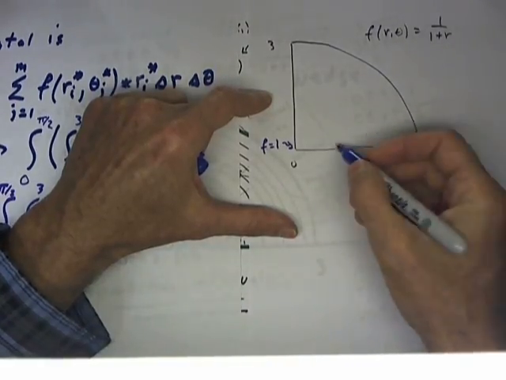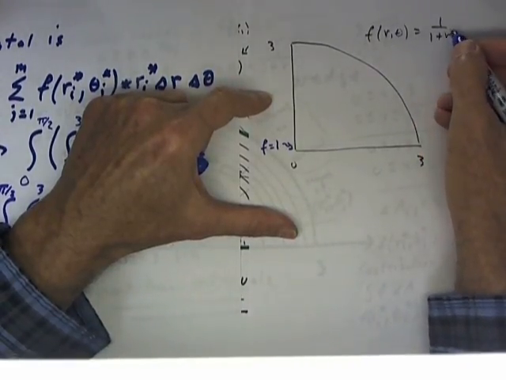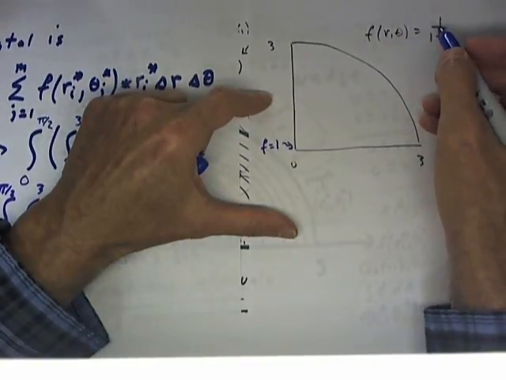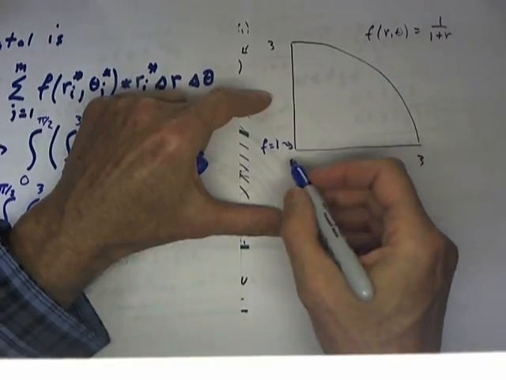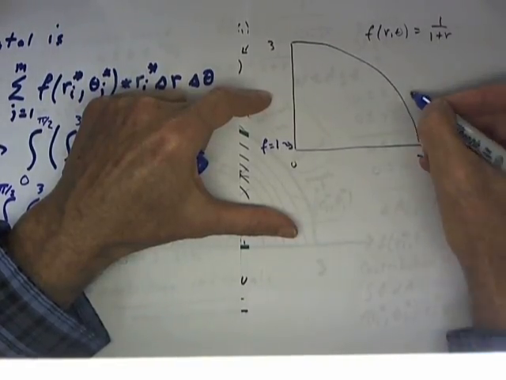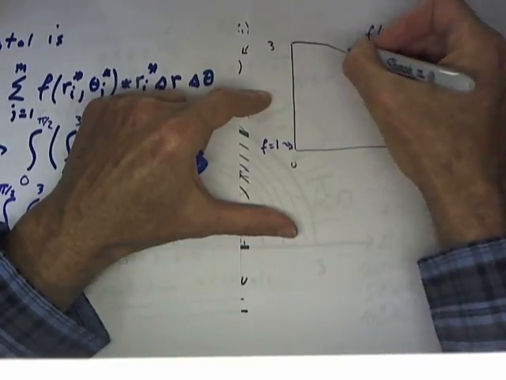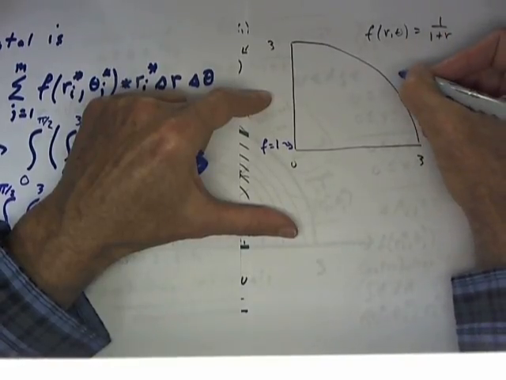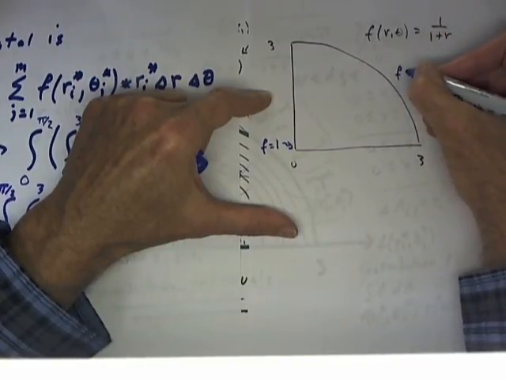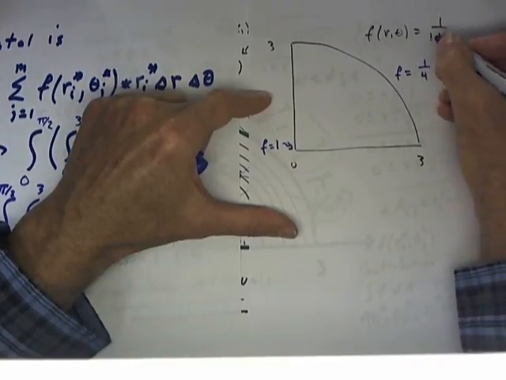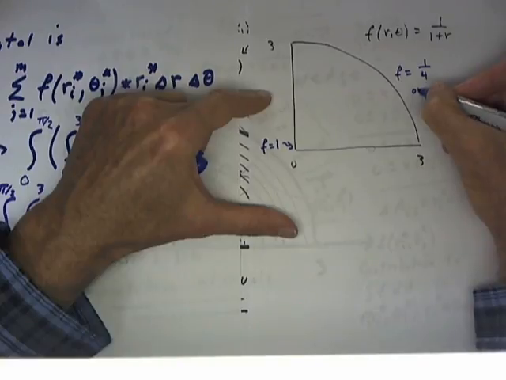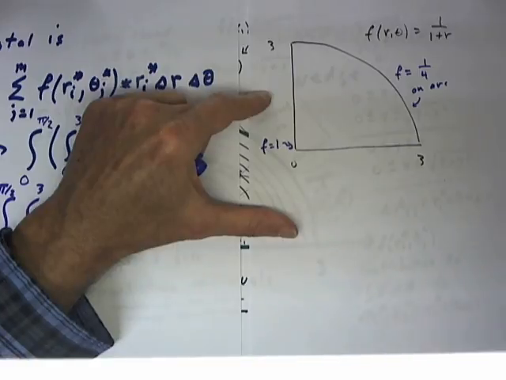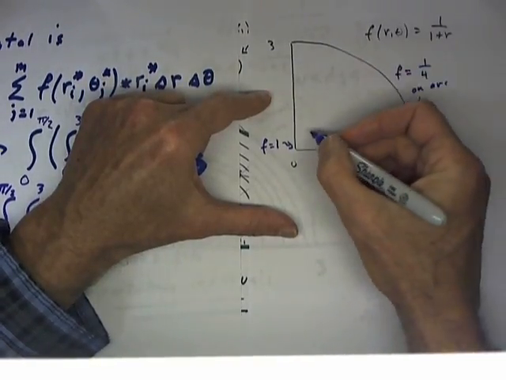For every other point of our region, r is bigger than 0, so that f of r theta will take values that are less than 1, so that by the time we get out to r equals 3, which occurs along this boundary, along this arc of a circle, we have f is 1 over 4. 1 over 1 plus 3 is 4, on the arc of our bounding circle.